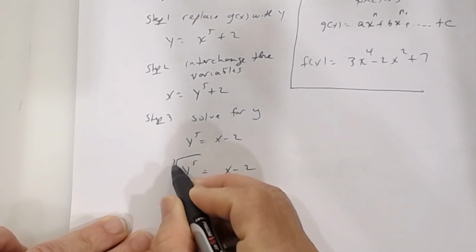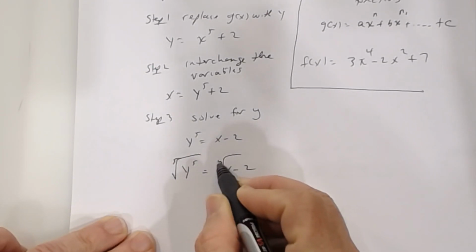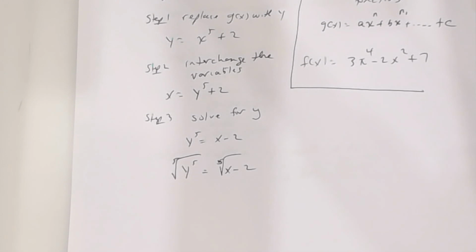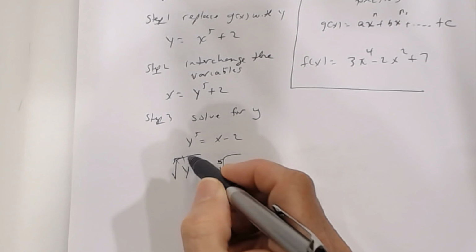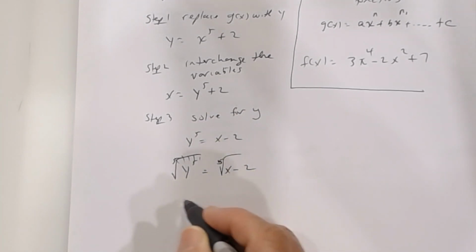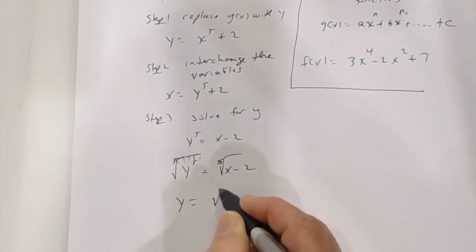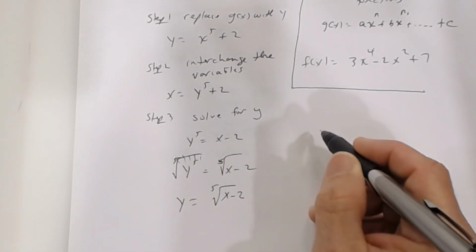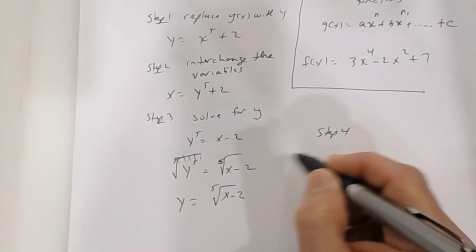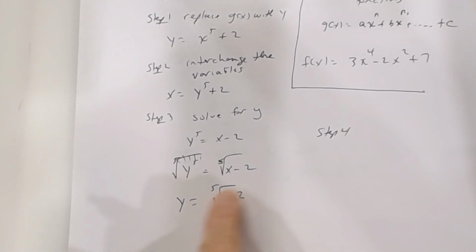Remember, the opposite of raising something to the 5th power is to take the 5th root. So the power 5 and the 5th root undo each other, so you get y equals the 5th root of x minus 2. And then step 4 is where you replace this y, because that's now your inverse, isn't it?